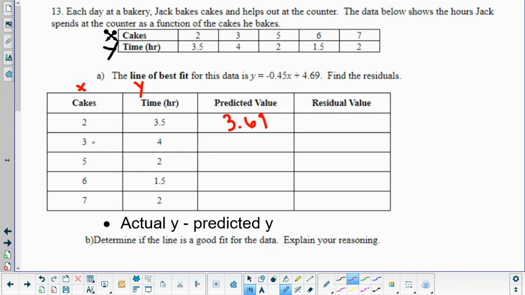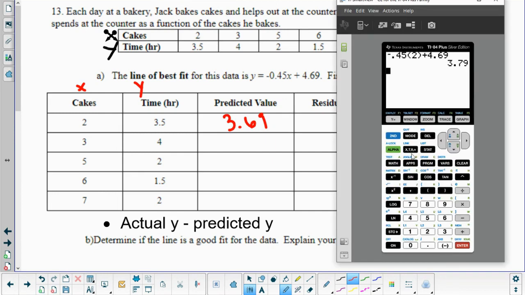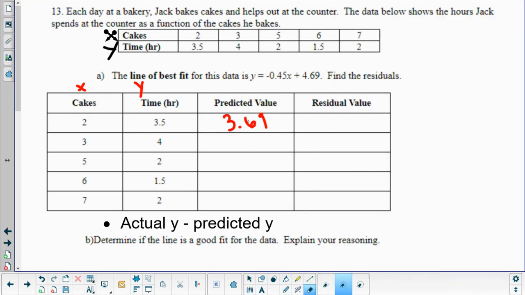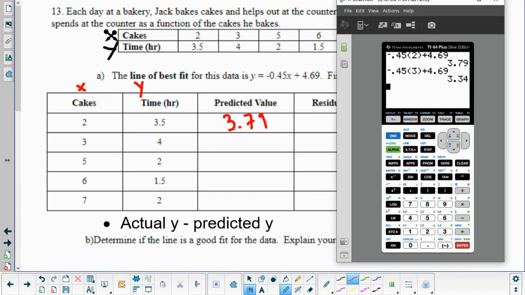Now I'm going to do the same thing with 3, 5, 6, and 7. So if I get my calculator, I'm going to cheat a little bit. I'm going to put it back up there, and I'm going to change my X value. Instead of being 2, I'm going to change it to 3. And I get 334.